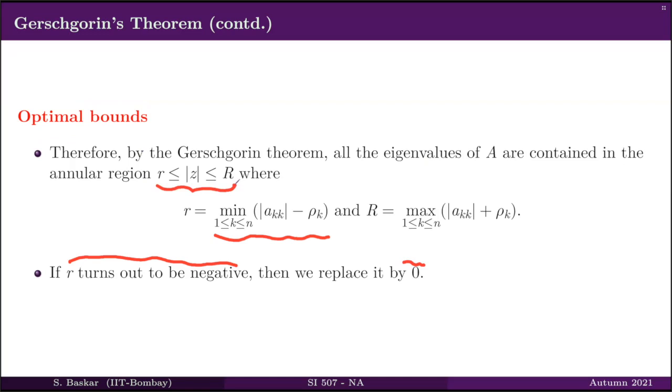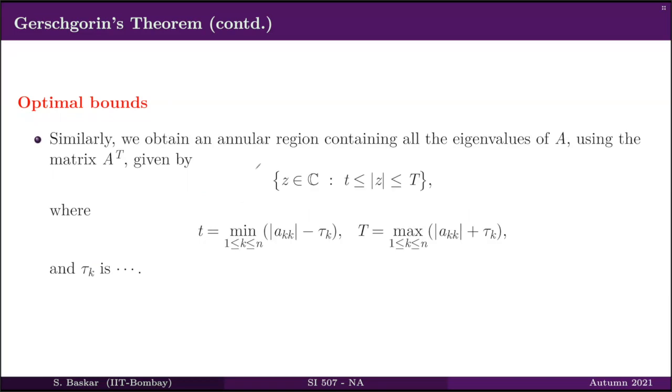The same idea can be applied to the matrix A transpose also, and thereby we get another annular region which we denote by Z in C such that small t less than or equal to mod Z is less than or equal to capital T. In the previous case, we had R for this. Now we will just use the notation T, where small t is the minimum of all the lower bounds.